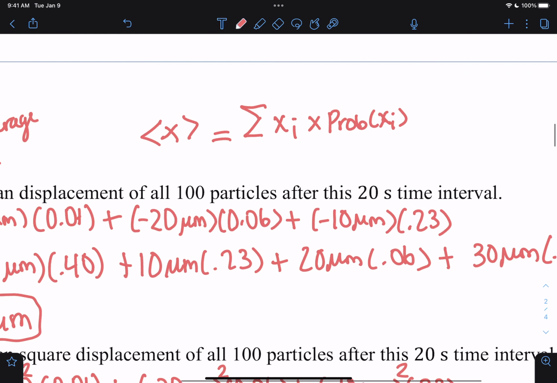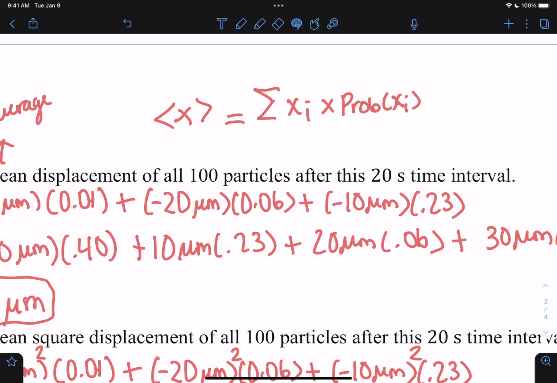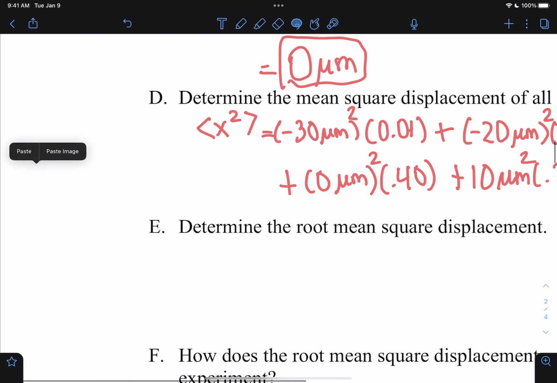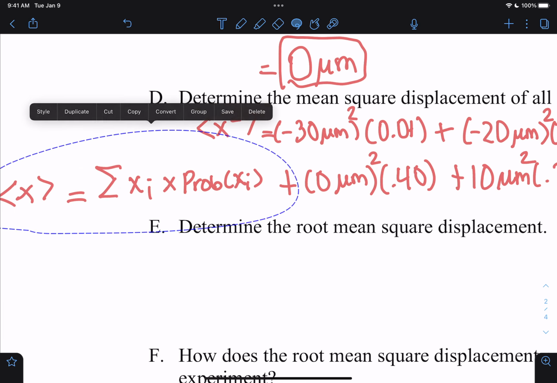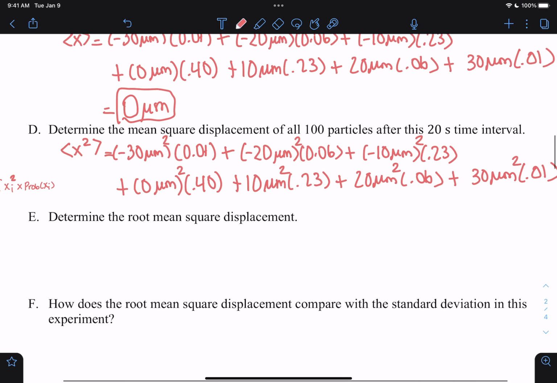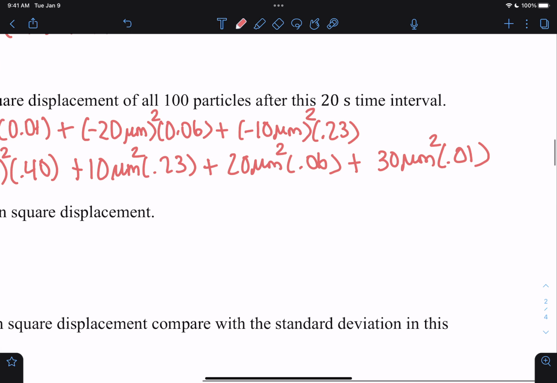If we were to write it as an equation, I want to copy and then paste. It'd be x_i squared: you take every single value, square it, then multiply by the probability. And so that should give us around 112. Lagging again? Okay, one sec.